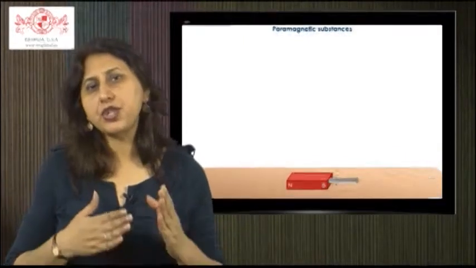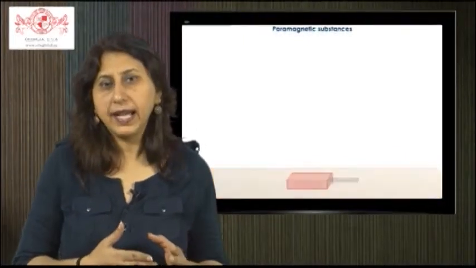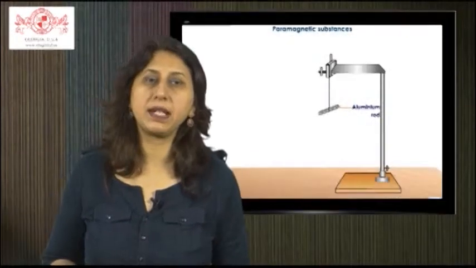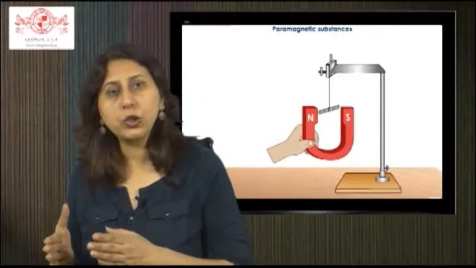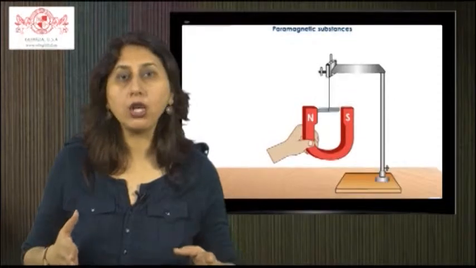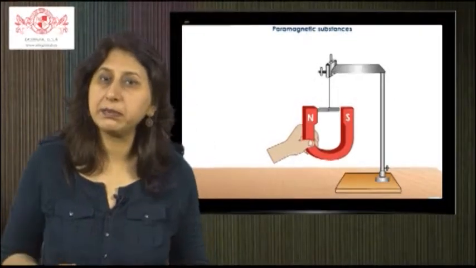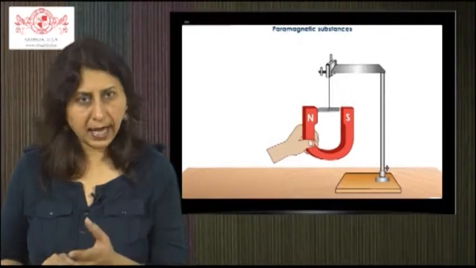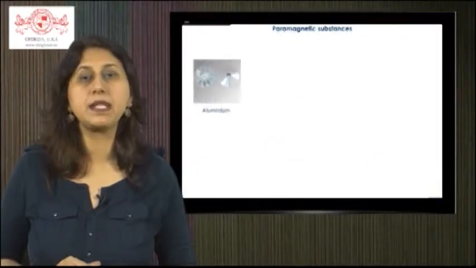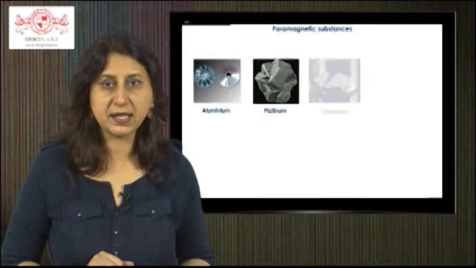Paramagnetic substances. These are those substances which are attracted by a strong magnetic field. If an aluminium rod is suspended in a magnetic field, it slowly aligns itself along the direction of the magnetic field. Aluminium, platinum, chromium, magnesium, tungsten and calcium are examples of paramagnetic substances.